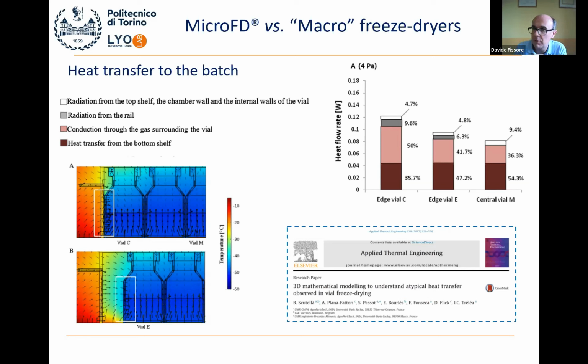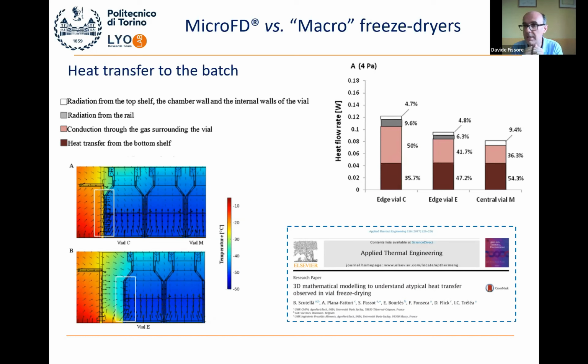If we have a look at the graph on the right-hand side, we may see that at first there is a different heat flow rate according to the position of the vial in the shelf. Vials in the central position receive a lower amount of heat with respect to vials at the edge of the shelf. Second, vials receive heat from the shelf.